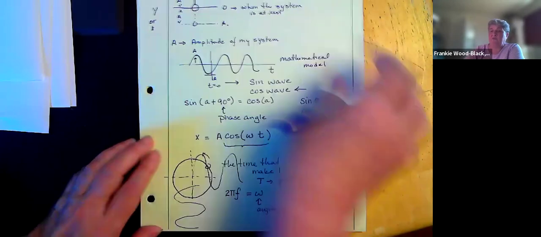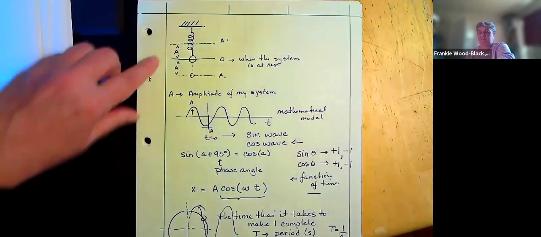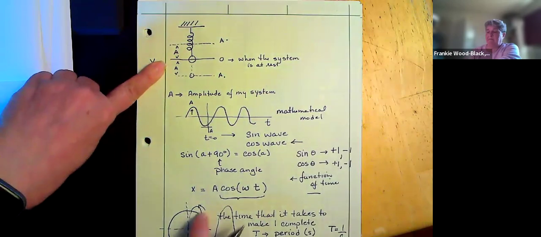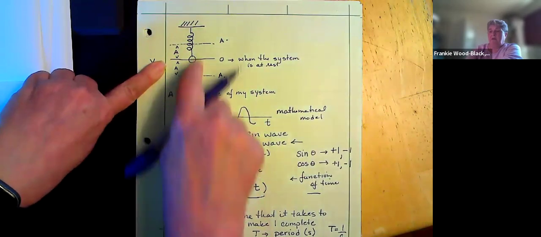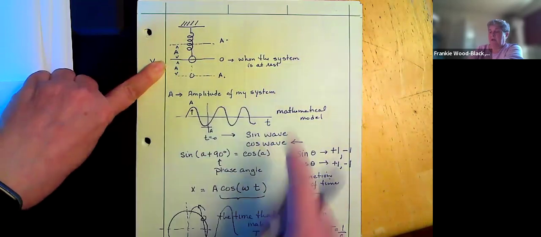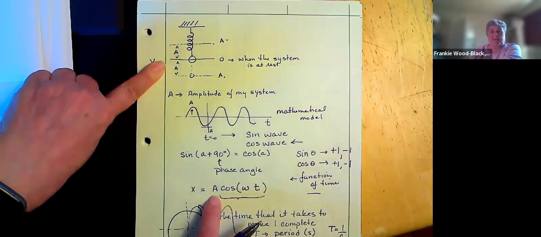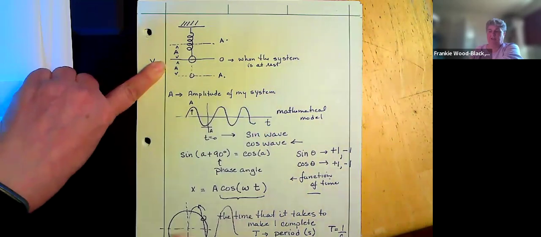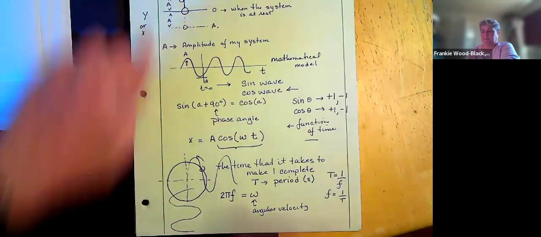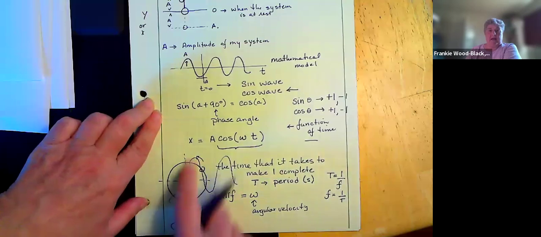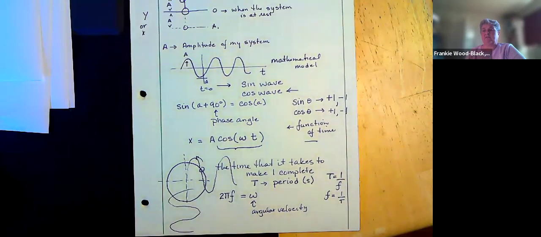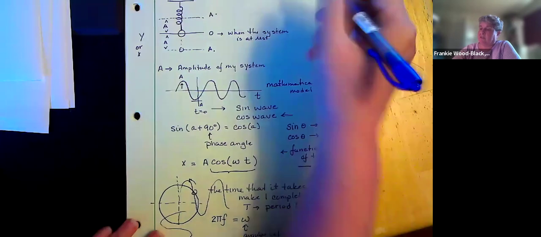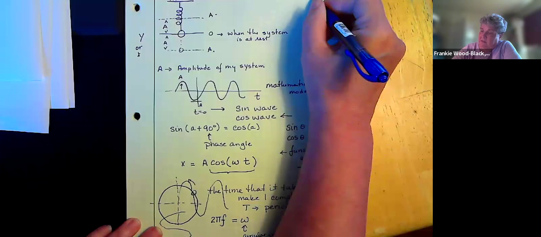And now for this system, I can describe my position above or below this equilibrium at any time by looking at the amplitude and looking at my angular frequency. So I can describe that position. I can do the same thing here. I can describe my x position or my y position. I'm just looking at it in one dimension. And we can look at our other system, the other system that we've been talking about, my pendulum system.